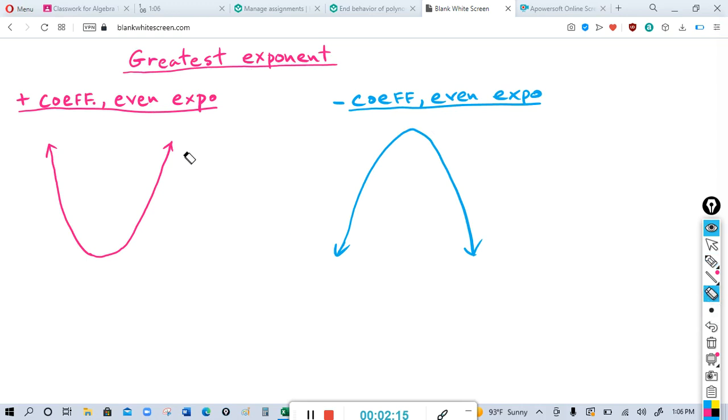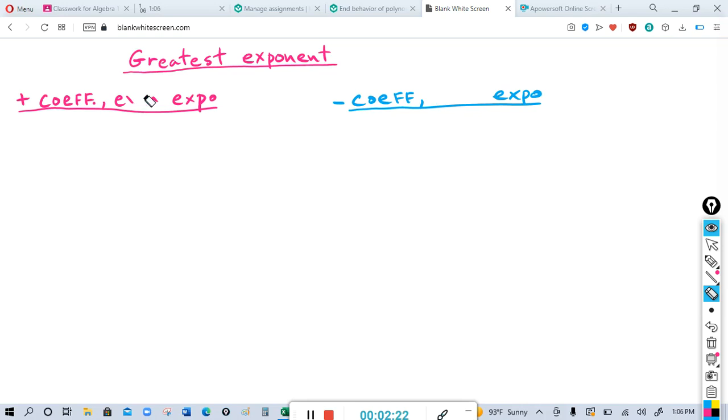So now, if we have a positive coefficient and an odd exponent, the graph is basically going to be like this.